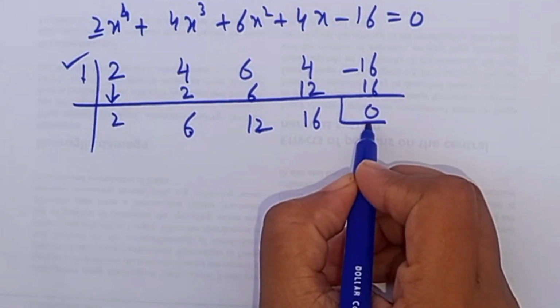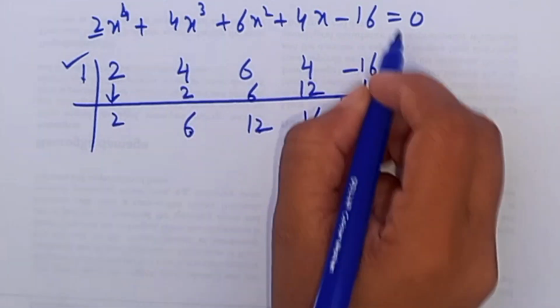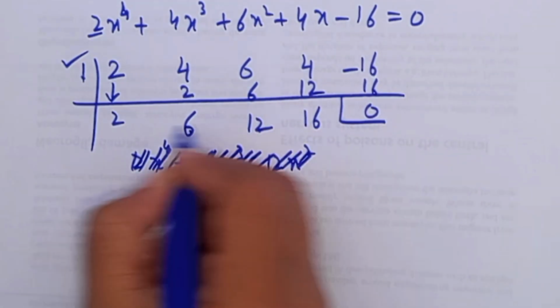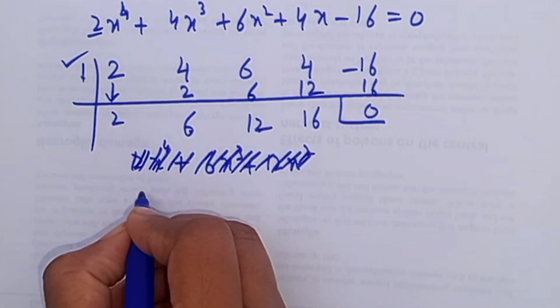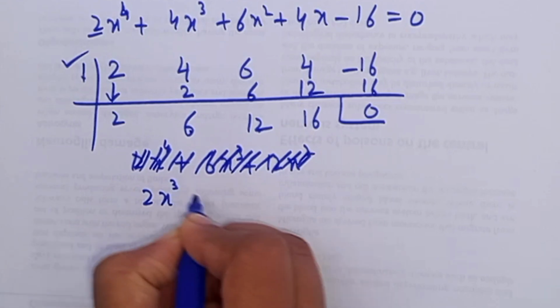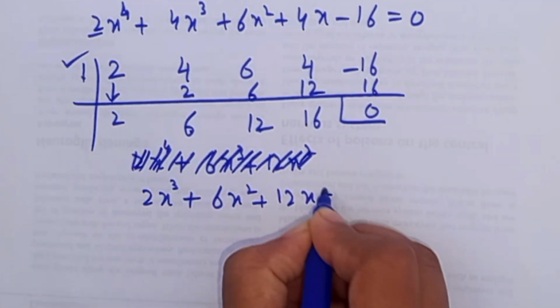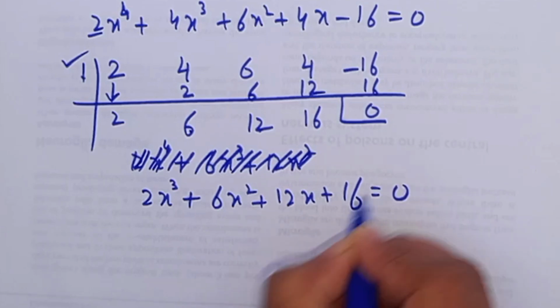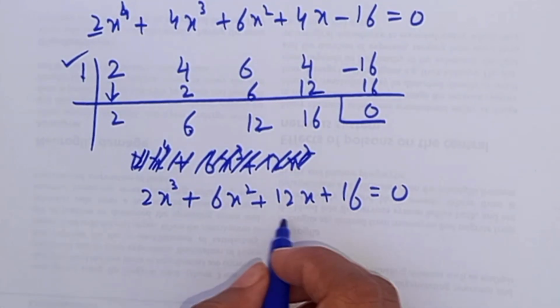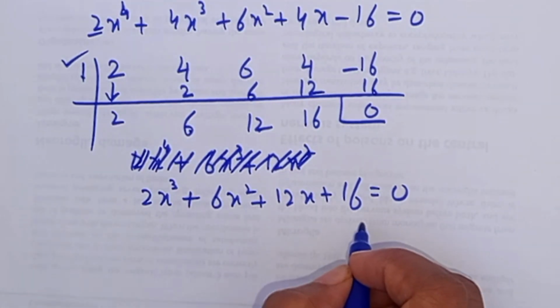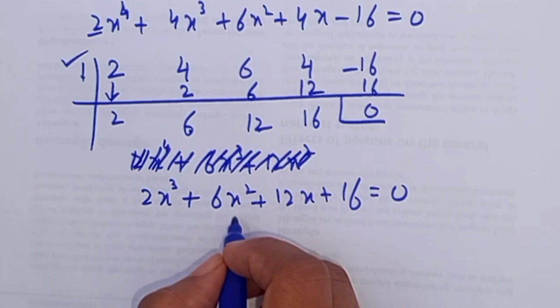So the remainder is 0, so this implies 1 is a factor of the above equation. So we write this as 2x^3 + 6x^2 + 12x + 16 = 0. Now this will become a cubic equation, and again we use synthetic division on this equation.